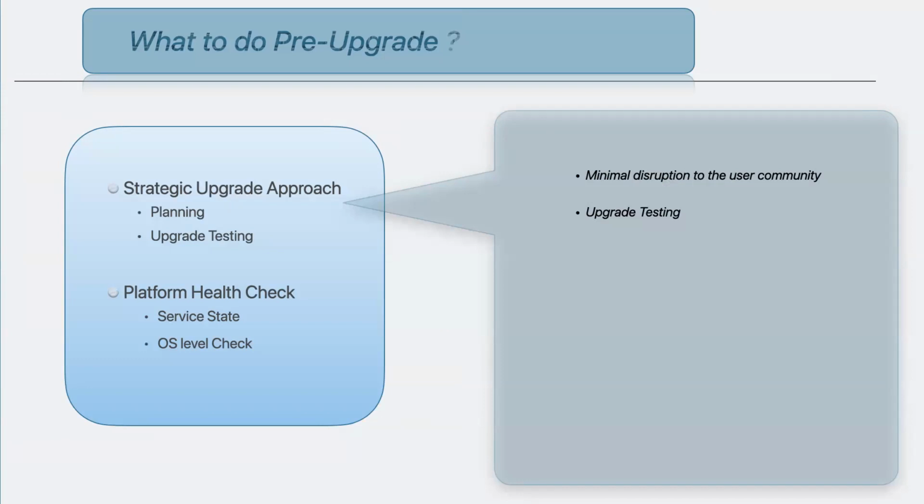When I say strategic, it will have n number of things regarding the communication, how you are documenting the upgrade execution, planning, user testing phase. There will be n. So it all varies from organization to organization.